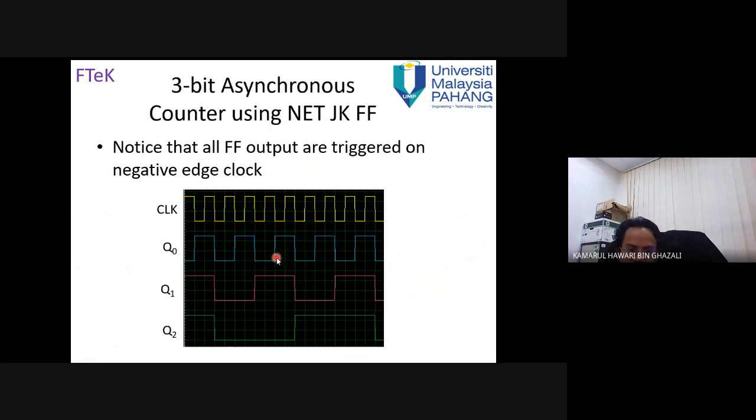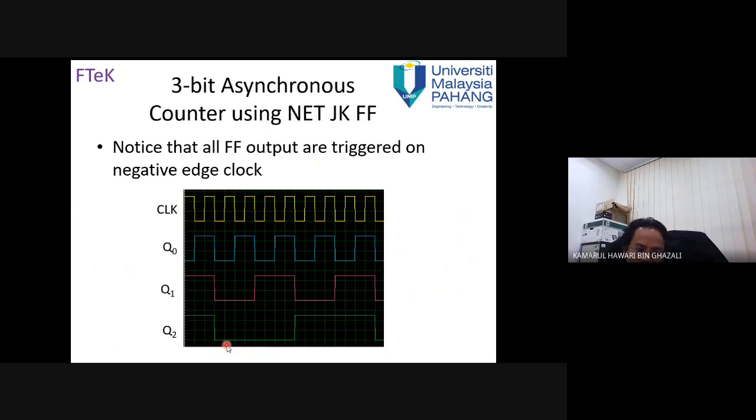So this is the output. Notice that all flip-flops are triggered on the negative edge. Negative edge. Zero. 1, 1, 1. Look at 1, 1, 1.